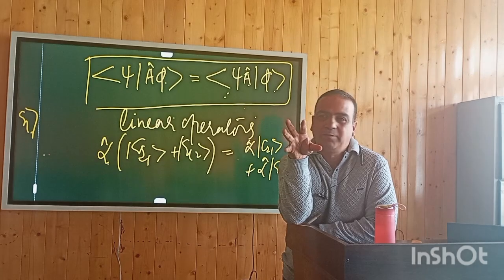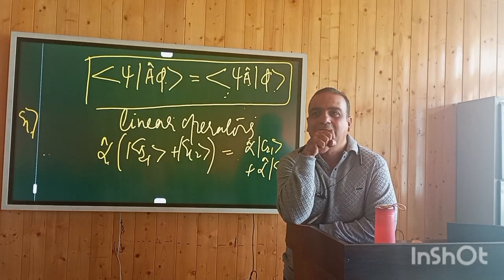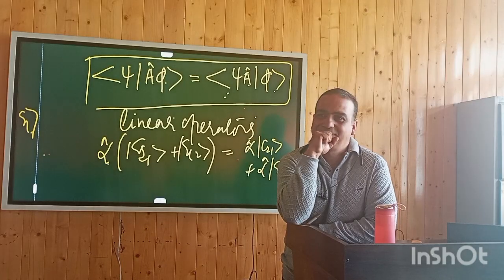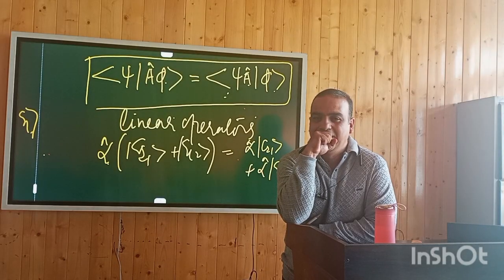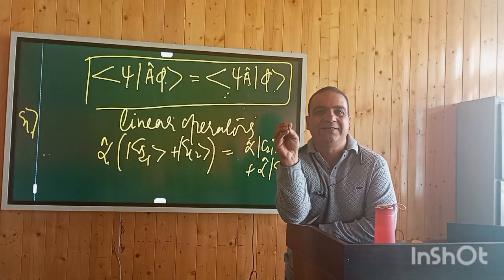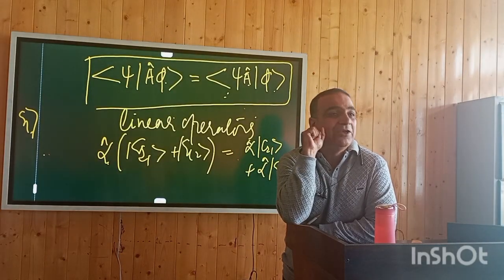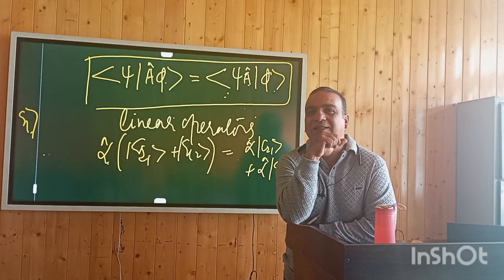Corresponding to those observables in quantum mechanics, what do we have? We have operators. If you have an observable in classical physics such as position, in quantum mechanics we don't have anything like position.